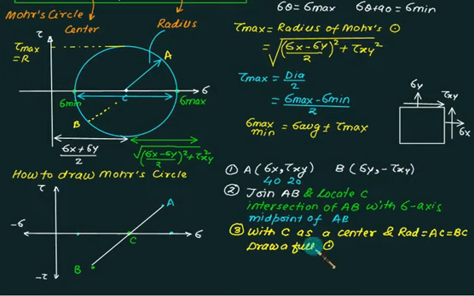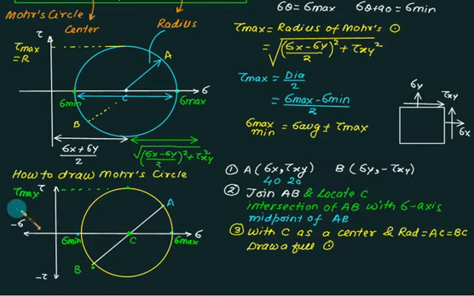So this is a very simple procedure to draw the Mohr circle. Now this value represents the maximum value. Where the Mohr circle cuts on the right side is called sigma max. On the left side it is called sigma minimum. And the corresponding value on the tau axis will be called tau max. So very quickly we can generate all information from the Mohr circle. If we measure the angle between AC and the sigma axis, that is called the principal plane angle.